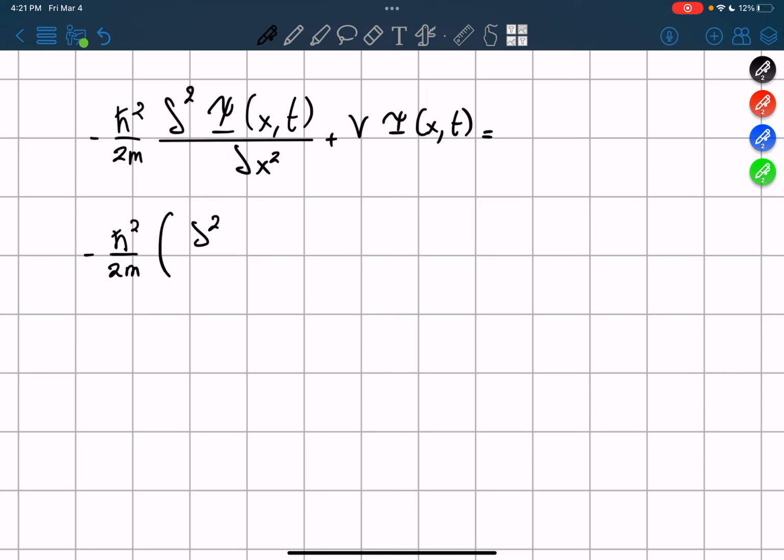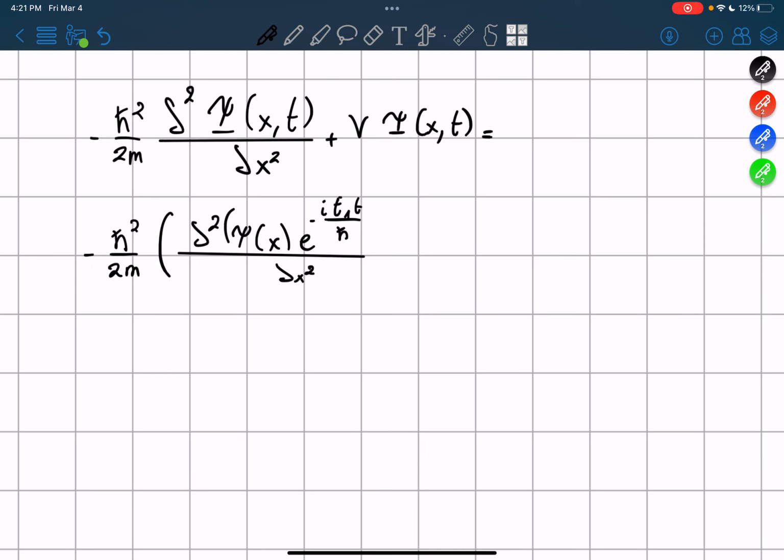So the derivative of capital Psi, which is little psi in terms of x, and then e to the power of i E1 t over h bar, over dx squared.